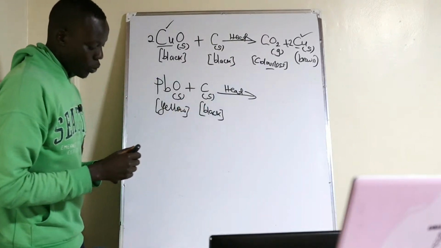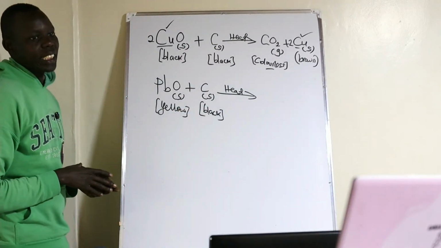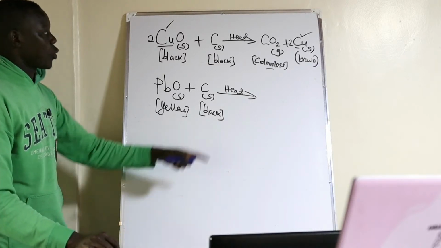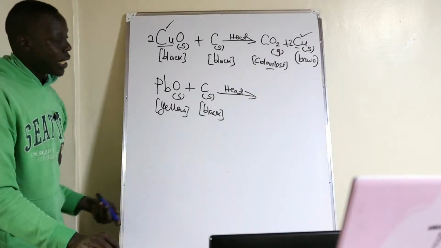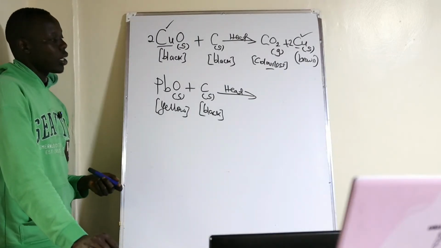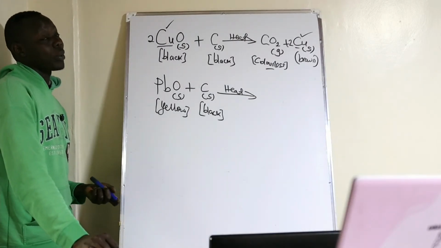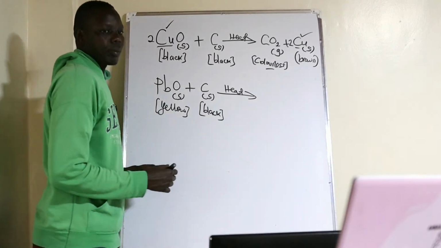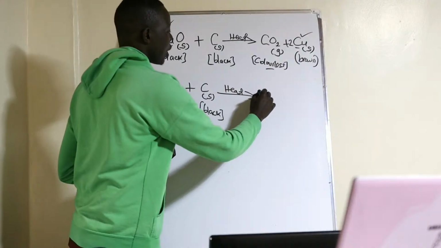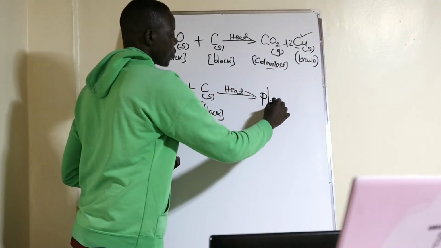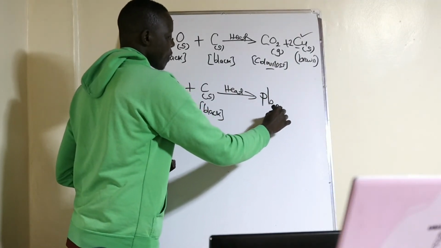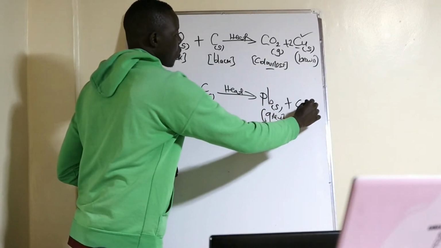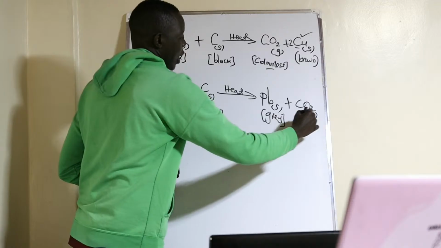In fact, during exam, they can omit heat. Then you are told to state the missing conditions. You will have to say it must be heated. Heat activates the reaction and enables carbon to take away what? The oxygen. So in this case, we are going to have lead solid. Lead is gray. Plus CO2, which is of course a colorless gas.